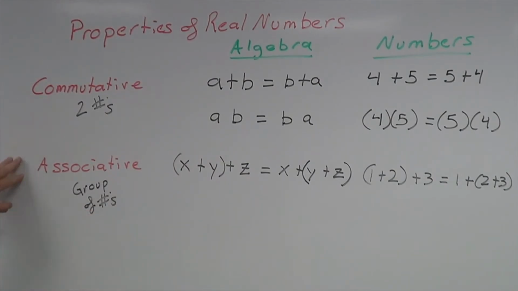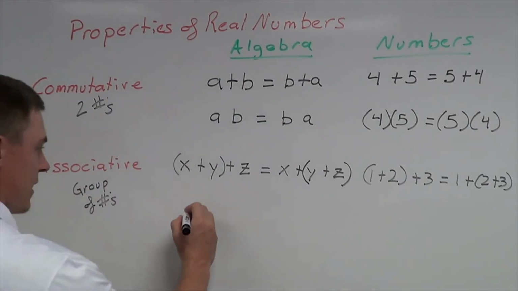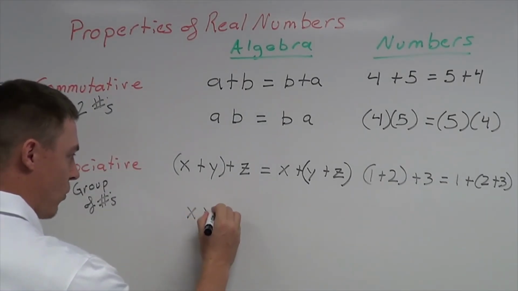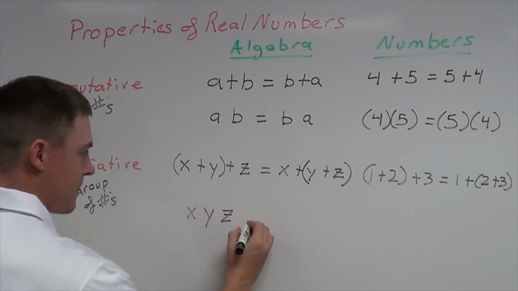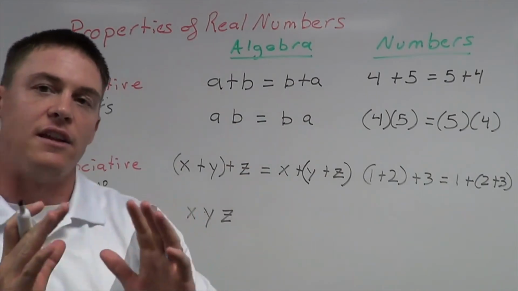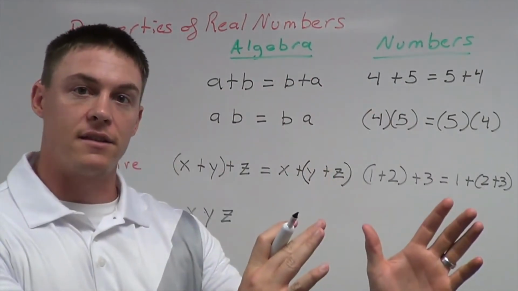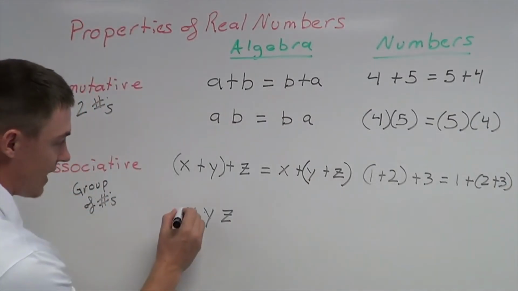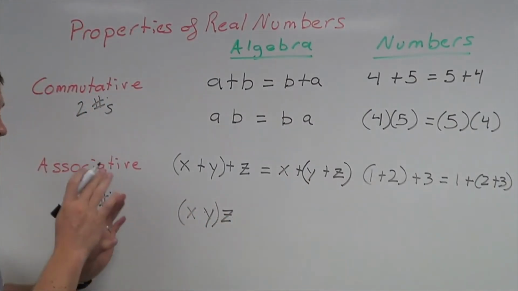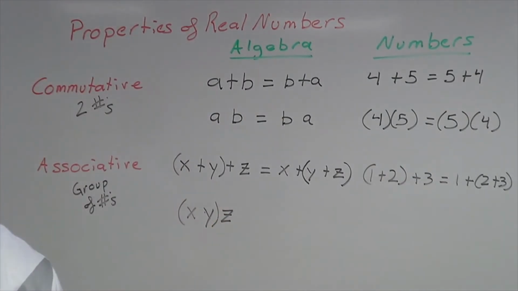Now let's go with the associative property of multiplication. I use the same variables. So I'm going to take X times Y times Z. Same thing with PEMDAS, same thing with addition. If I'm just multiplying, I do everything from left to right. So in this case, I have to take X times Y first, and then take that times Z. That's the proper way to do multiplication if all you're doing is multiplication.